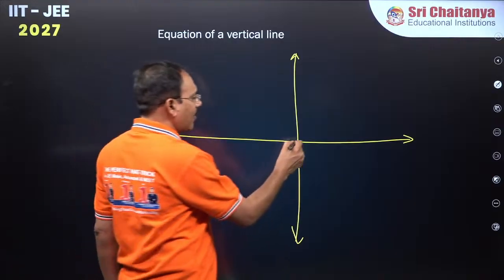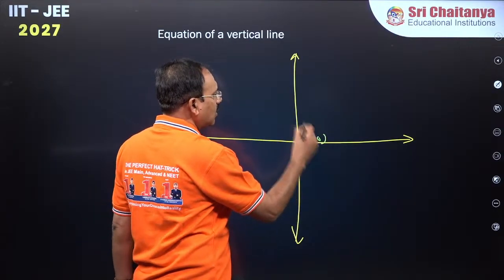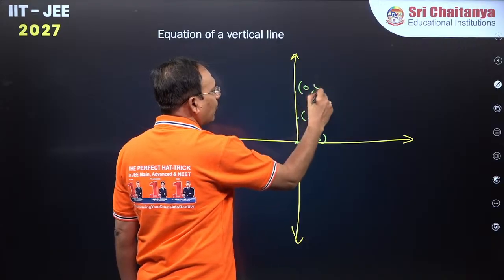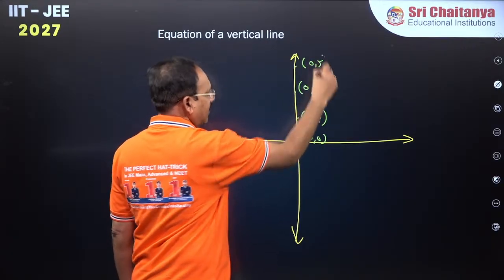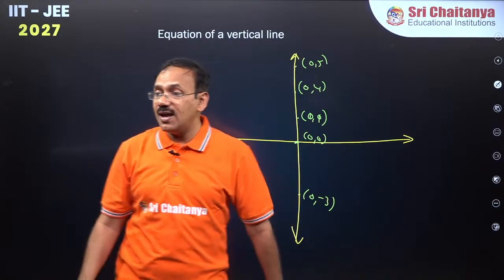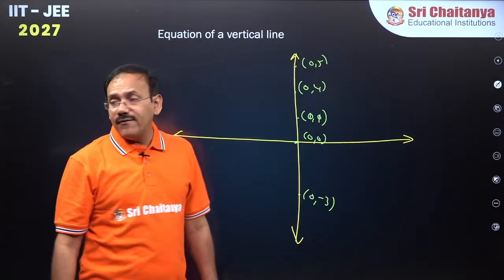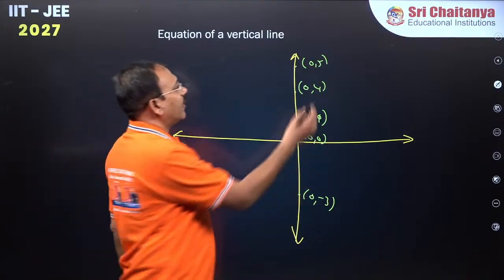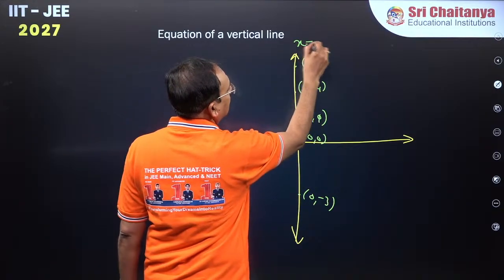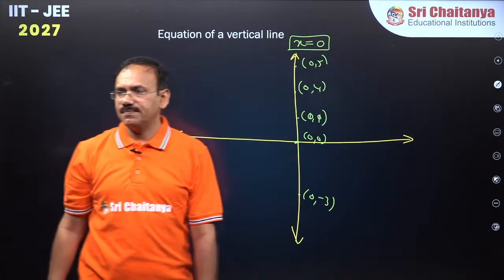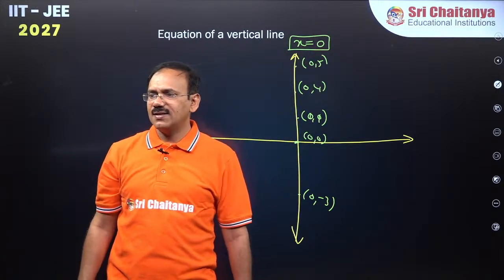You just take the points: (0, 0), (0, 1), (0, 4), (0, 5), (0, -3). The observation is, for every point on it, the x coordinate is 0, friends. So can I say that the equation of the y-axis is x = 0? Correct.